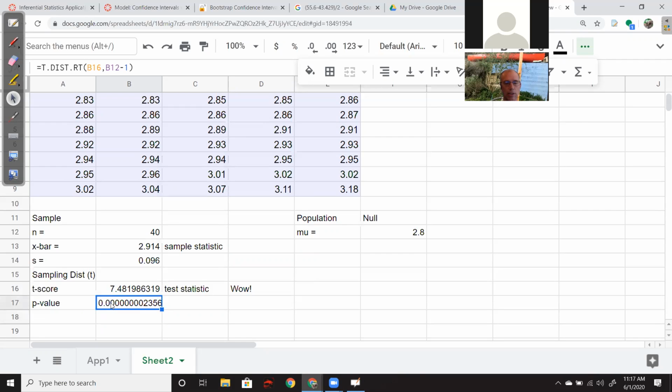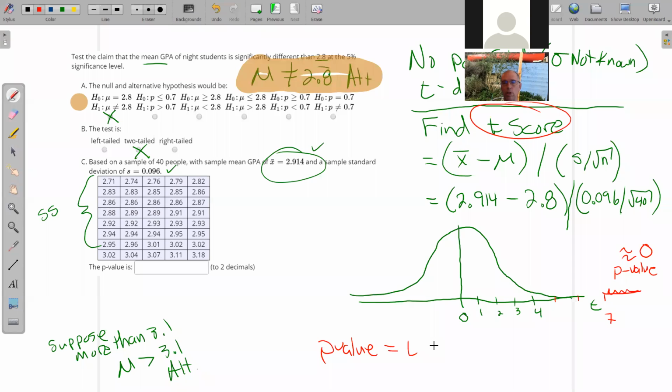Let's copy that. And can I paste it in here? So let me see, what did I type? I typed t dot, that's a funky t, try again, Gary. T dot dist dot right tail. I think it was just an RT maybe.